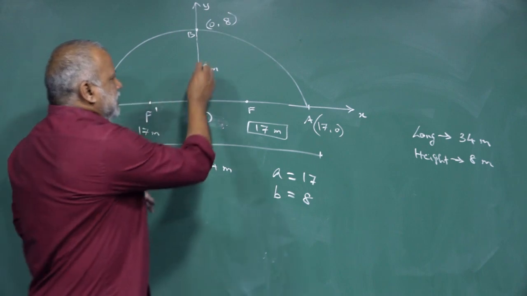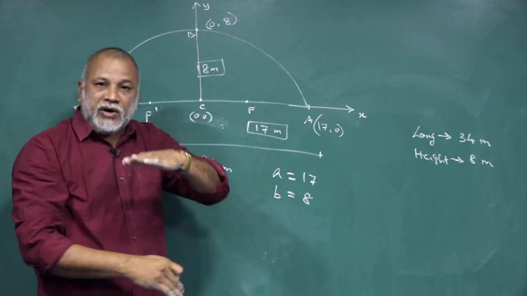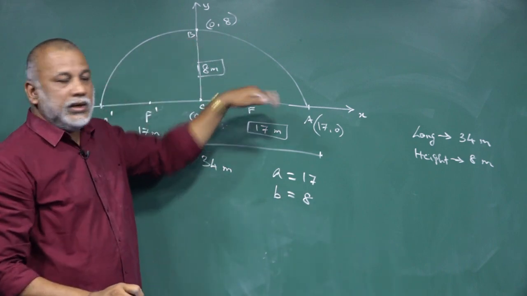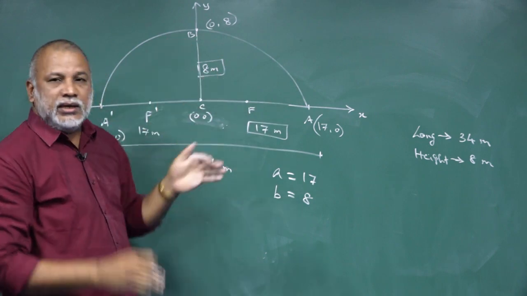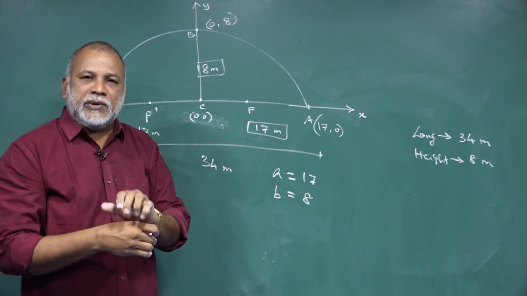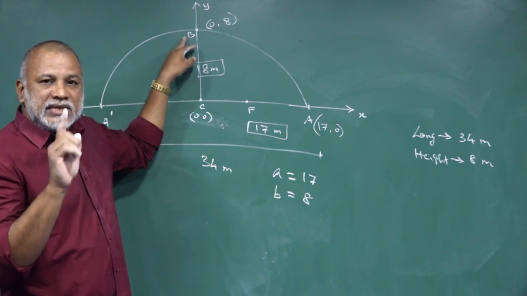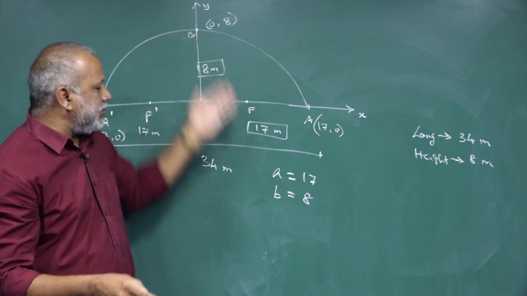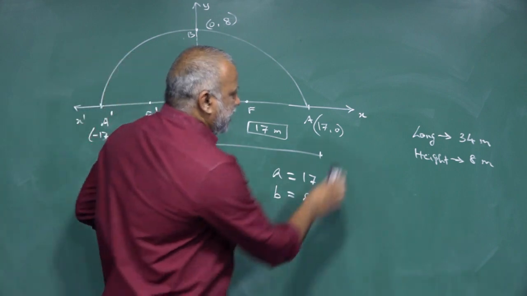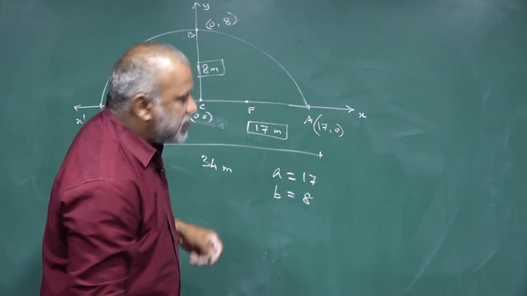Similarly CB: we are taking the semi-elliptical portion because we are not drawing the full ellipse. This is a semi-ellipse, and CB is the semi-minor axis. We already gave all the explanation in the theoretical concept. Semi-minor means the b value, and the b value is given. So we are going to find the equation of this diagram first, the equation of an ellipse.